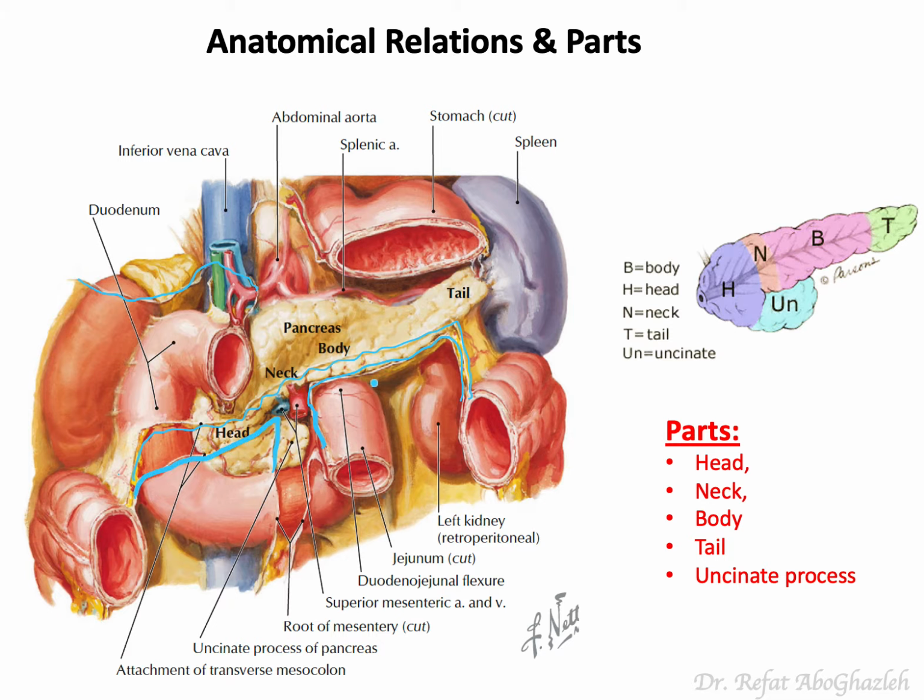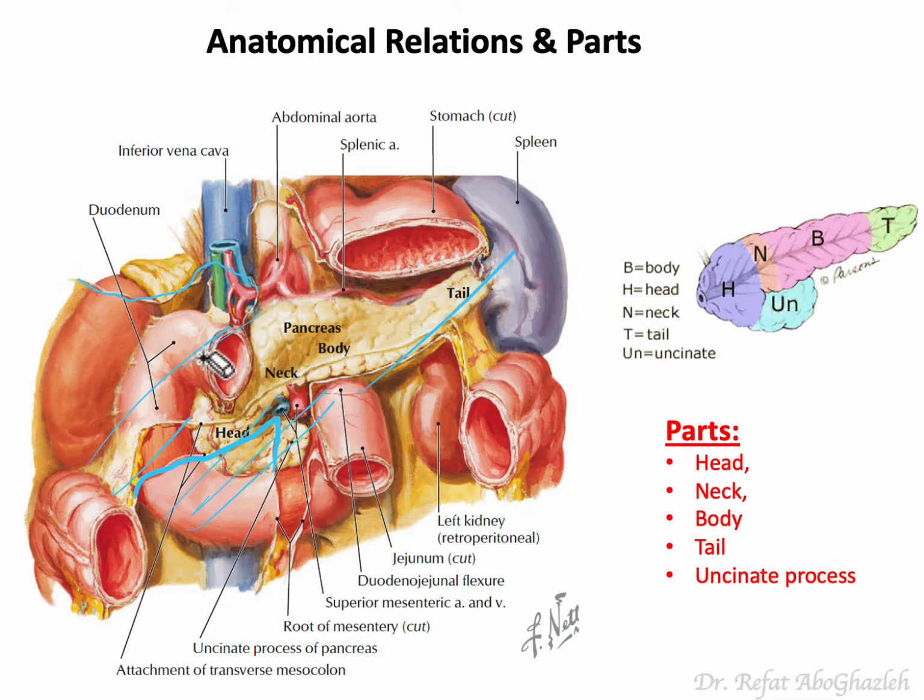Anyway, I think you remember this from the lecture of peritoneum, guys. Anyway, look at the peritoneum. So look at the pancreas that's located behind this cover of peritoneum. So the pancreas is located behind the peritoneum.